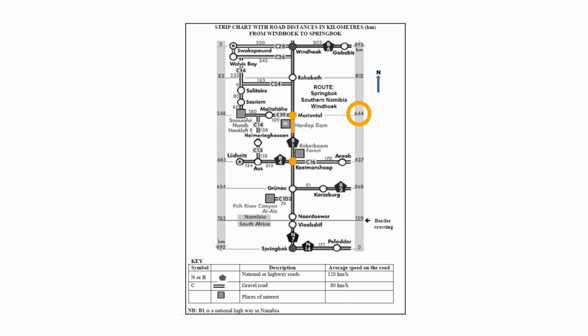Now the distance between Mariental and Keetmanshoop is 644 kilometers minus 427 kilometers, and this equals 217 kilometers. You will also note that the type of road traveled between these two towns is a national highway, with an average speed on this type of road being 120 kilometers per hour.